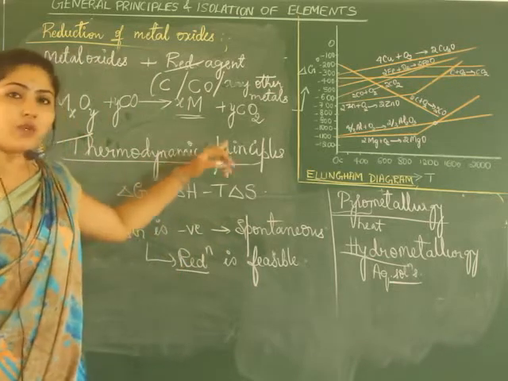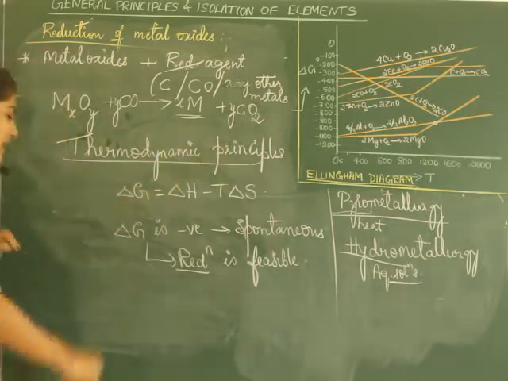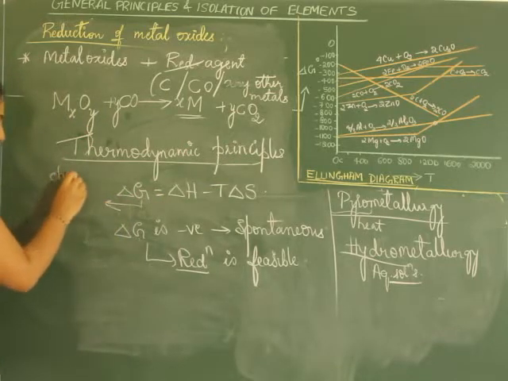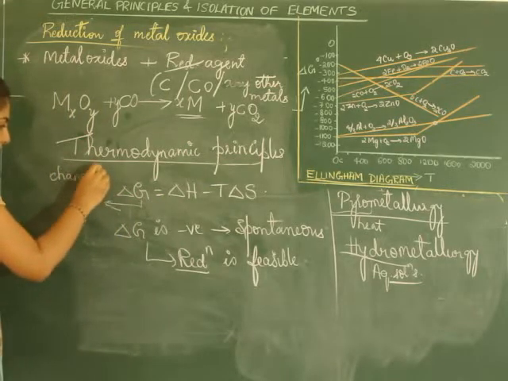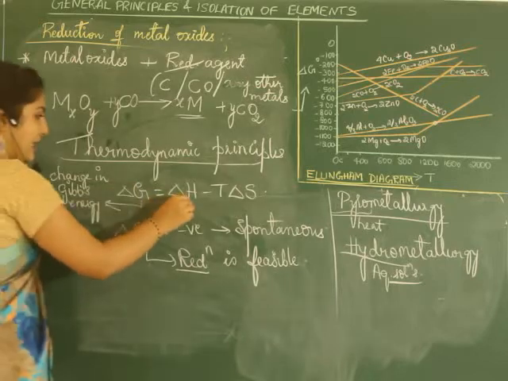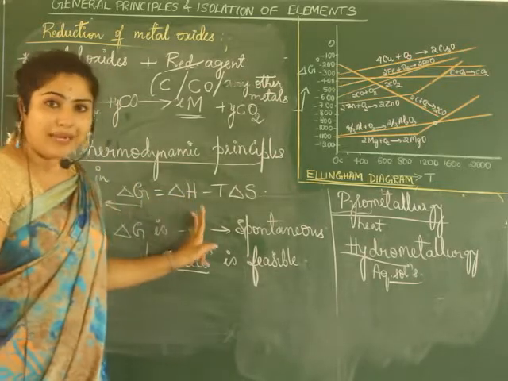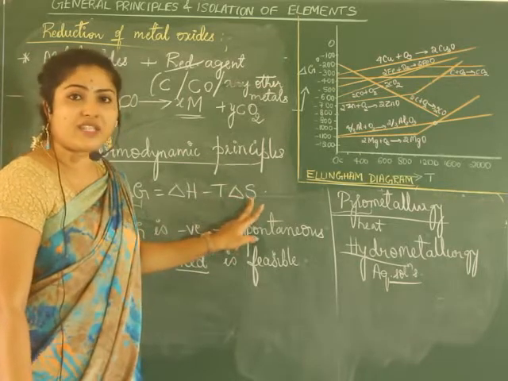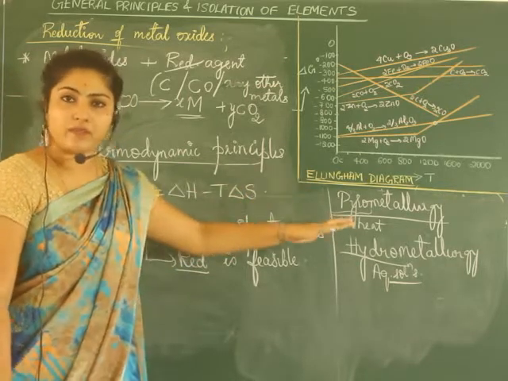So using thermodynamic principle, you know what is delta G? Delta G is the change in Gibbs free energy. Delta H is the change in enthalpy. T is temperature. Delta S is the change in entropy.